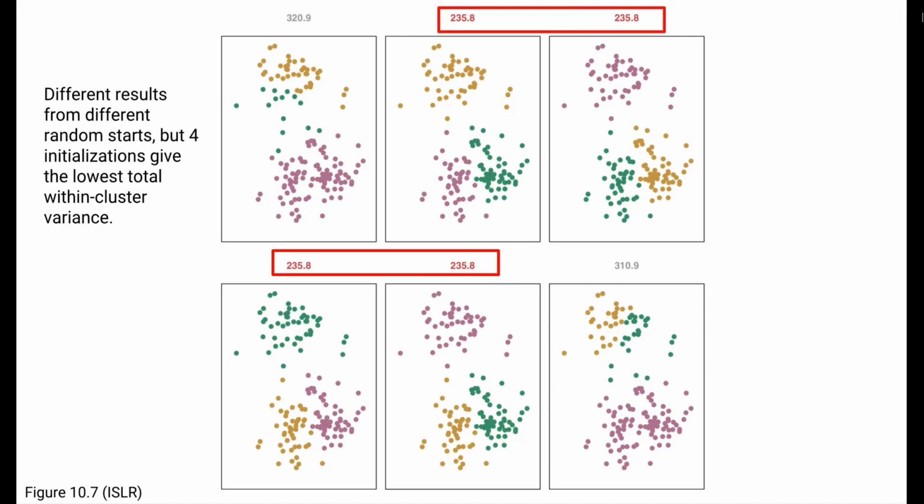It turns out that 4 different random starts gave the lowest value of that within cluster variance, 235.8. Those are indicated with the red boxes. So even though the colors are different, it is the same clustering.